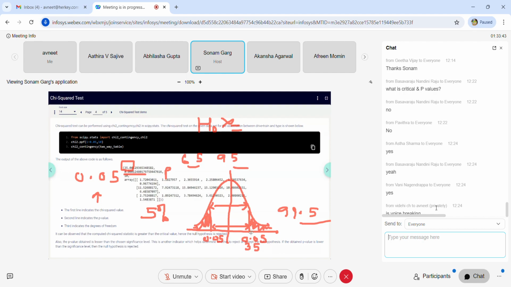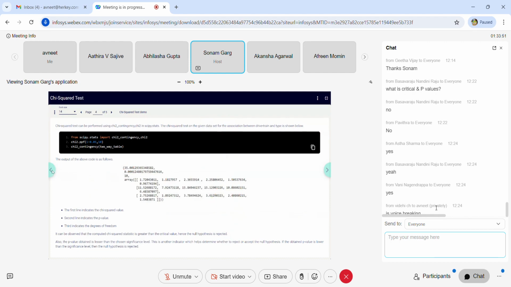What does this point represent on this x-axis? This is called the critical point. How do you get the critical point? You have to get it from this table.